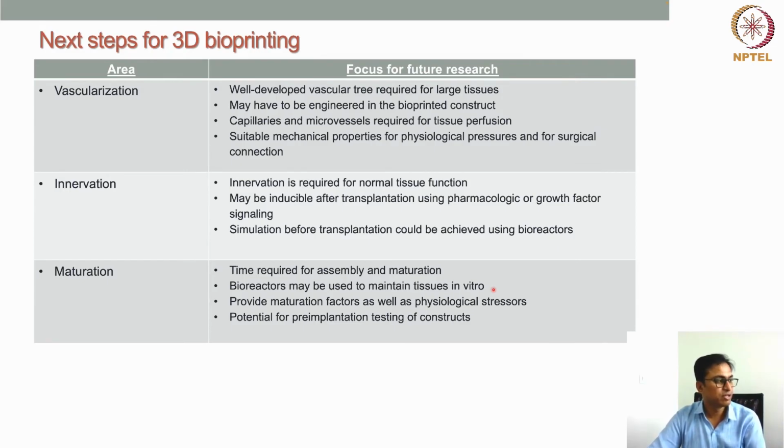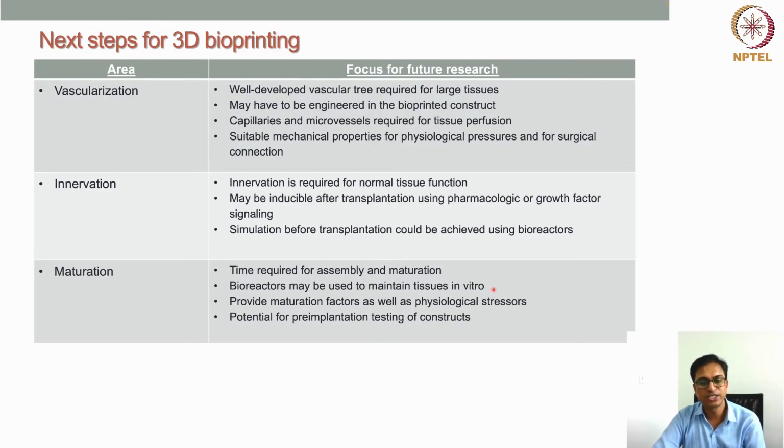And the blood flows through the tissue, which can also give some kind of shear stress. When the blood flows, it acts on the blood vessels and they generate some shear stress. And it has also been seen that shear stress helps in angiogenesis. So that kind of thing can also be provided within the bioprinted tissue constructs, and that is very helpful for growth or maturation of that thing.